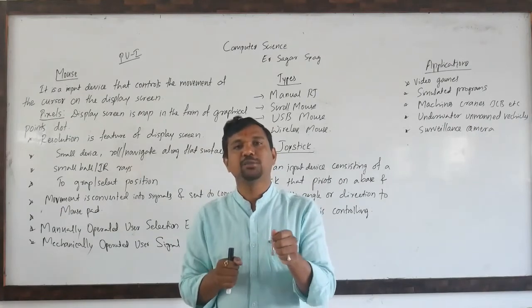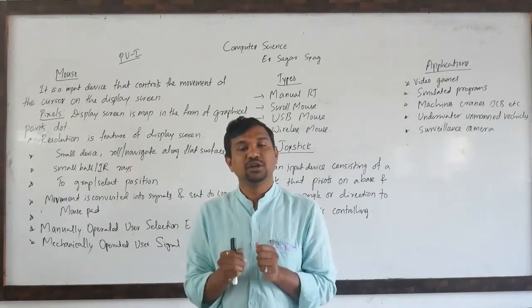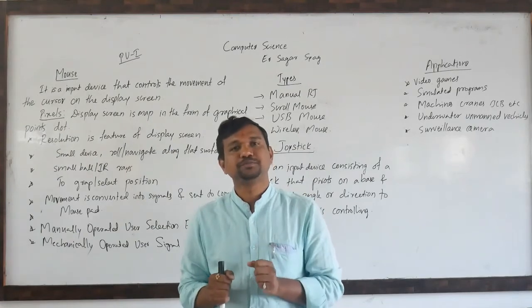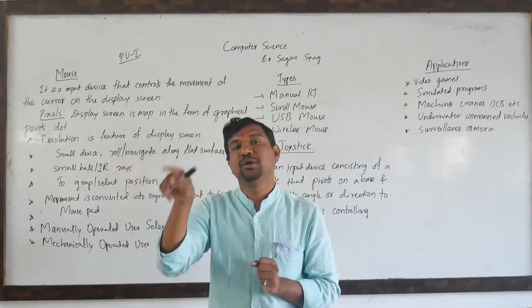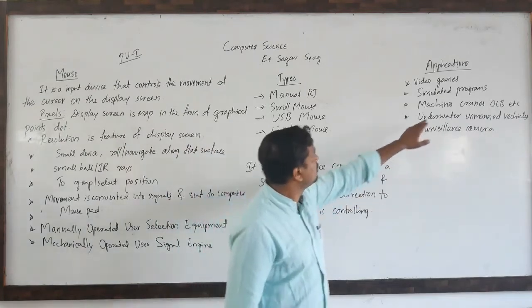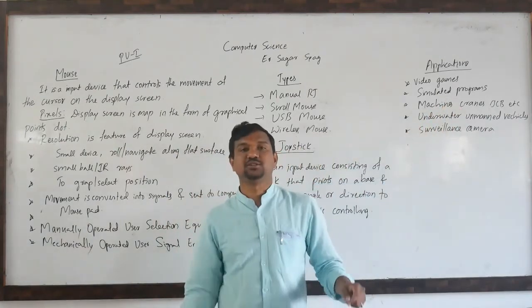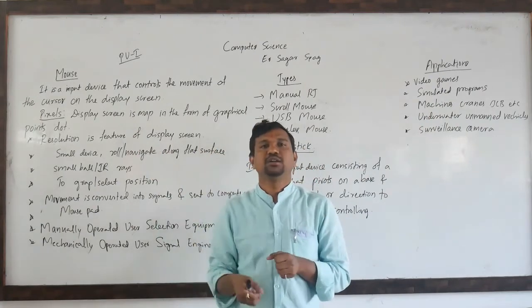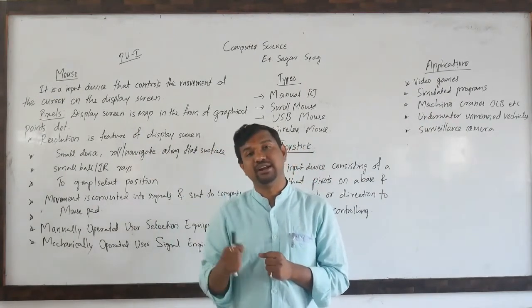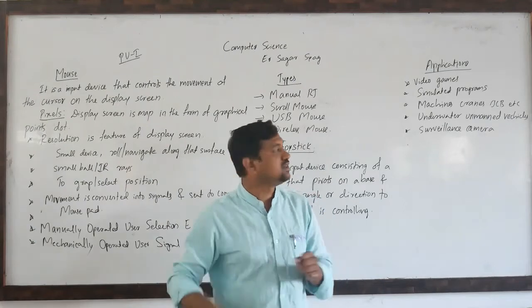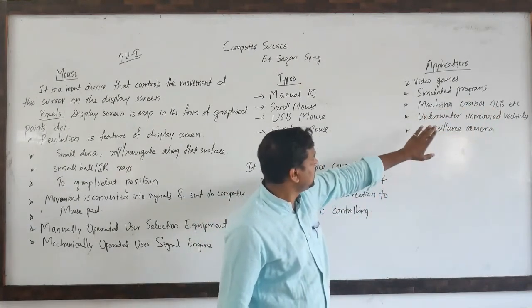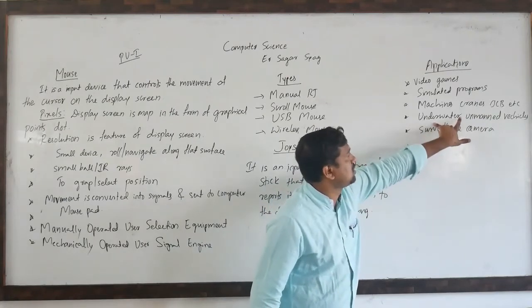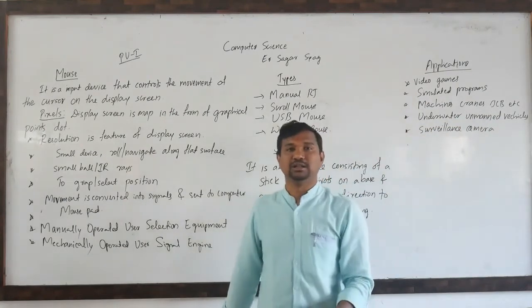According to the movements of those joysticks, the JCB movement is going to occur. Machines and cranes are used to lift heavy weights, like JCBs, etc. And underwater unmanned vehicles.